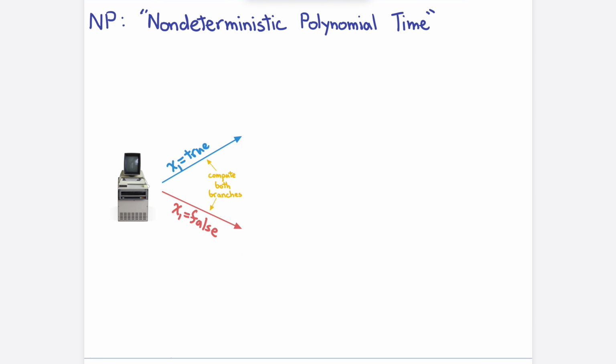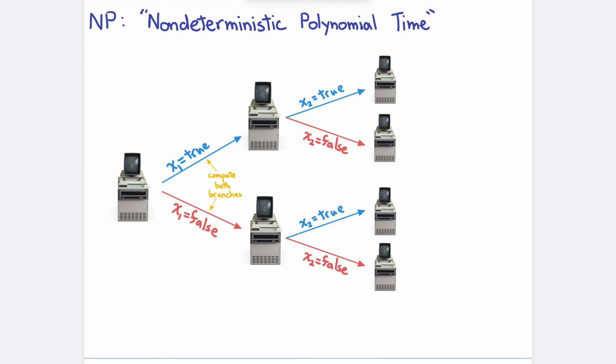If you have some choice like x1 true or x1 false, you imagine duplicating the computer, and this version of the computer is going to focus on x1 is true, and the other version is going to work on x1 is false. That will be one step of a non-deterministic computation. And then from here, you can move on to x2. So all this brute force branching is just one step in a non-deterministic computation. You non-deterministically explore both branches, is sort of the terminology.